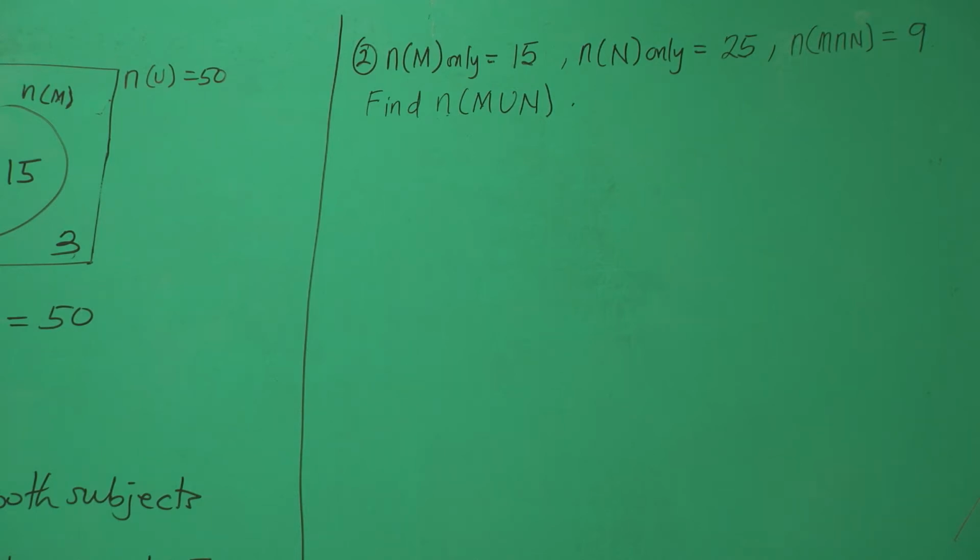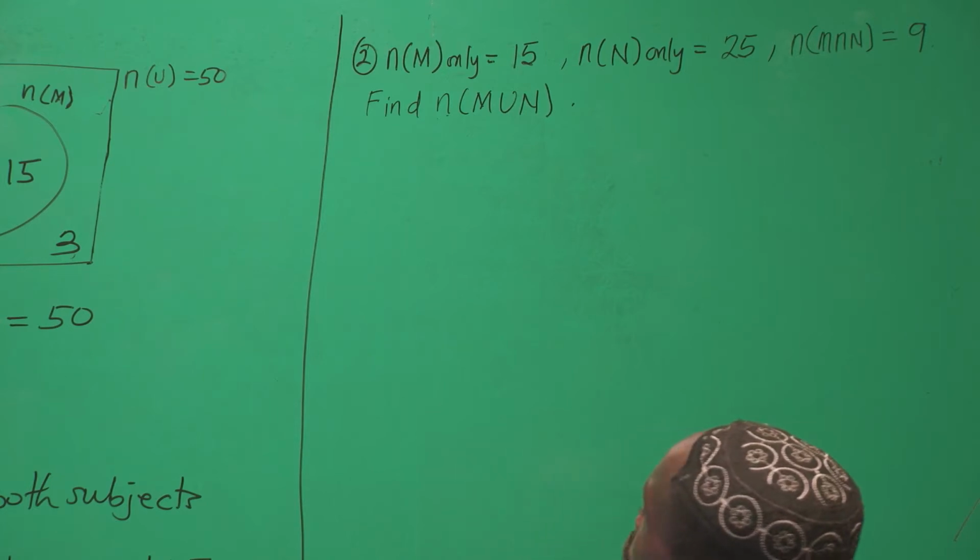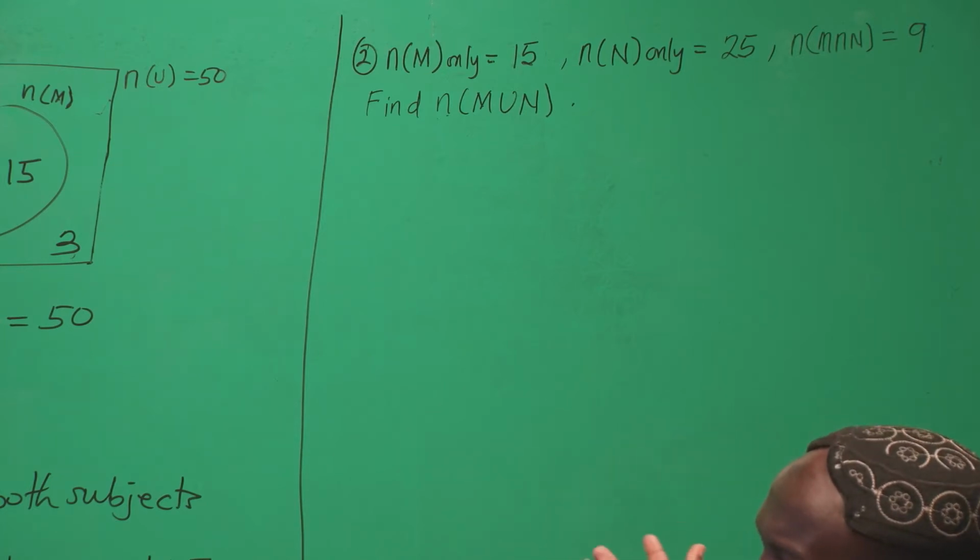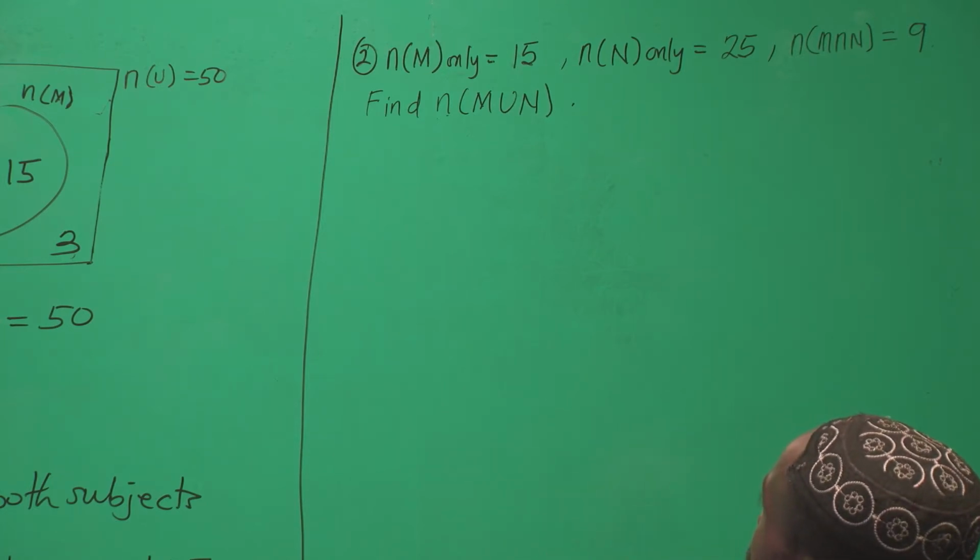This means that we are supposed to look for the universal or the total number of students or pupils who like mushrooms and noodles. Okay. So this also, if you want, you can draw the Venn diagram to represent it, or you can solve it straight away.